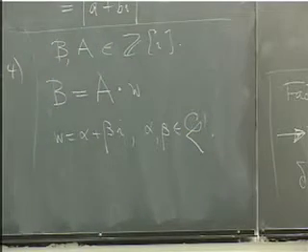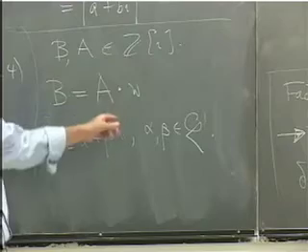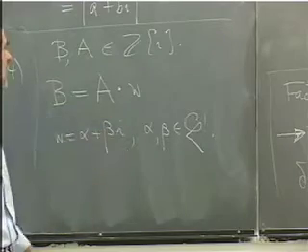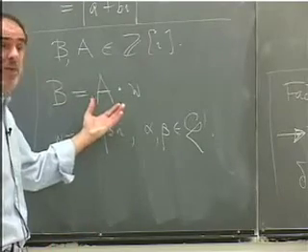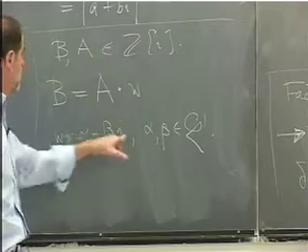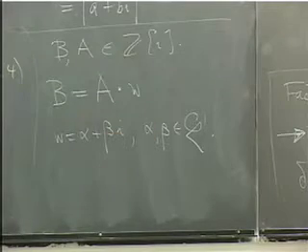Well, all you have to do is see that you can divide A into B and get an expression like this, where you can clearly do it in the complex numbers, and you have to see that alpha and beta are actually rational numbers.